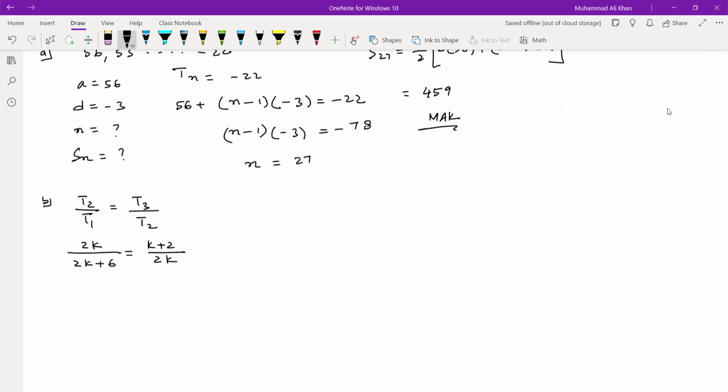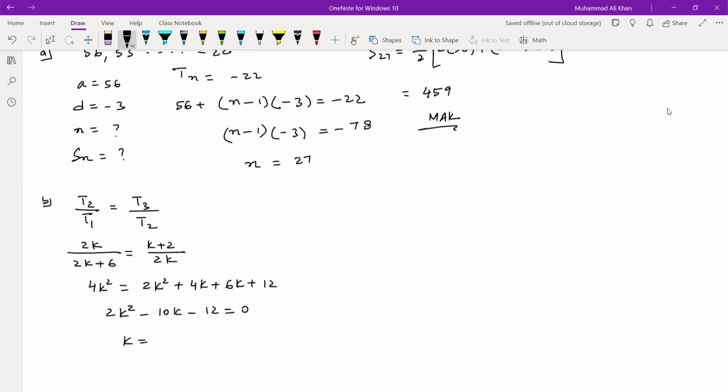By cross multiplication it is 4k square equals to 2k square plus 4k plus 6k plus 12. 4k square minus 2k square is 2k square minus 10k minus 12 equal to 0.